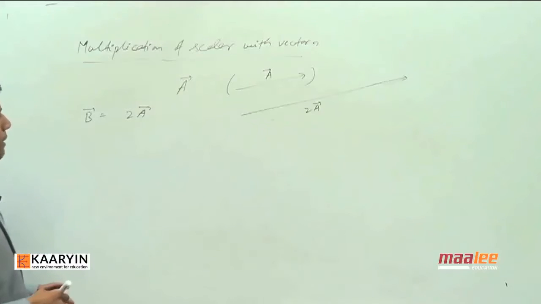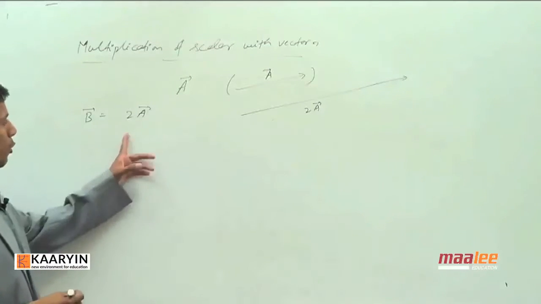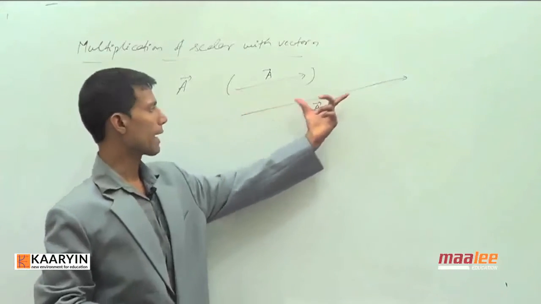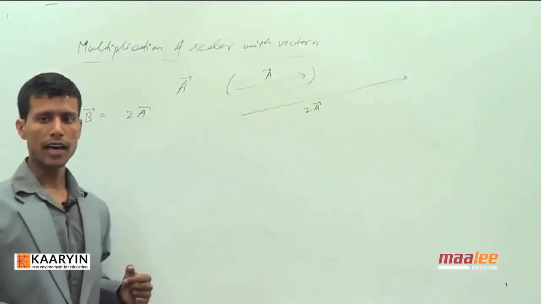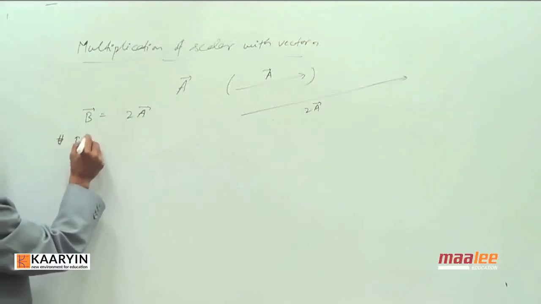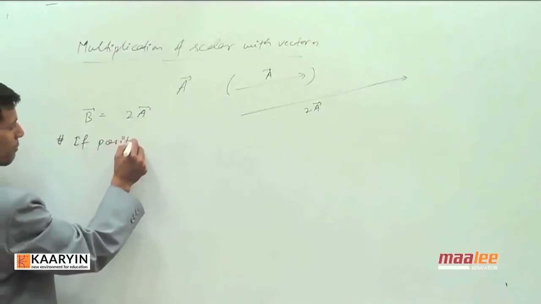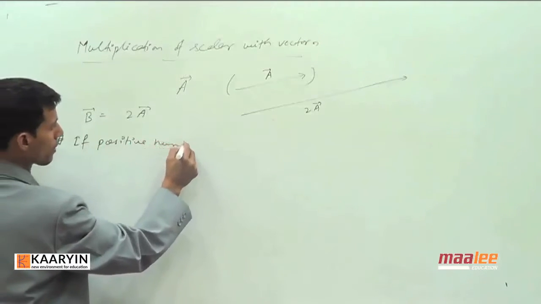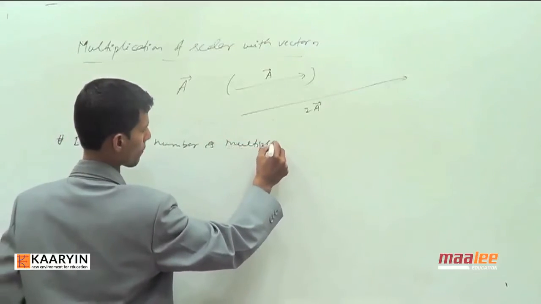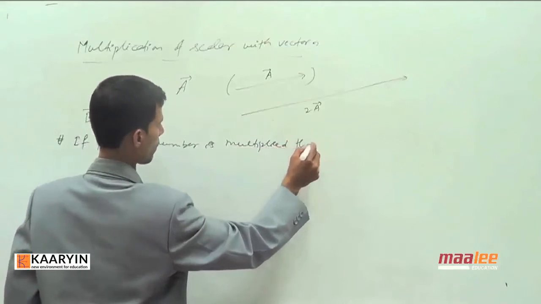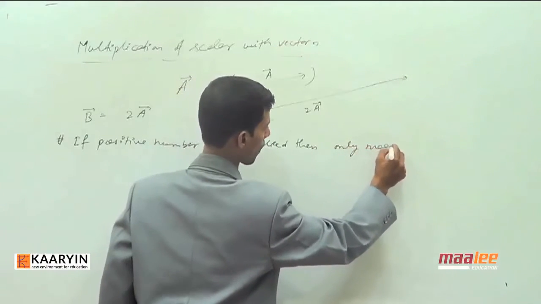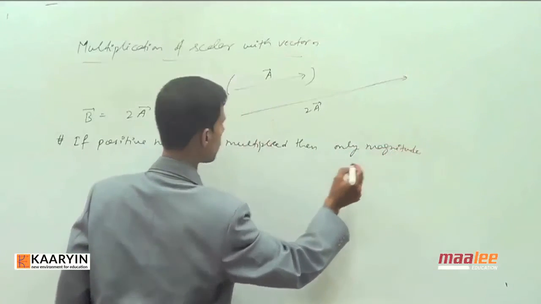So if you multiply a positive number to a vector, only the magnitude will get changed but the direction will remain unchanged. So we can say, if a positive number is multiplied, then only magnitude will change.